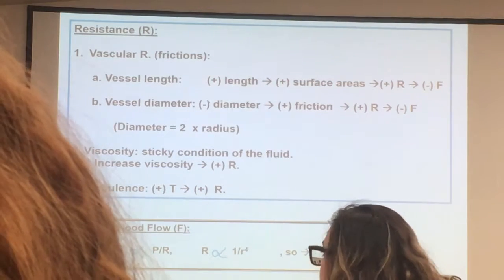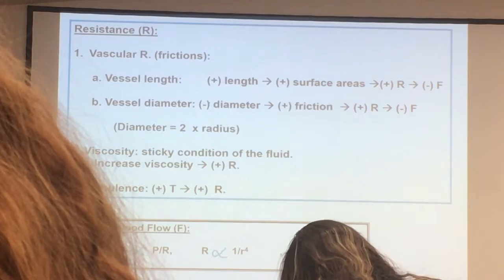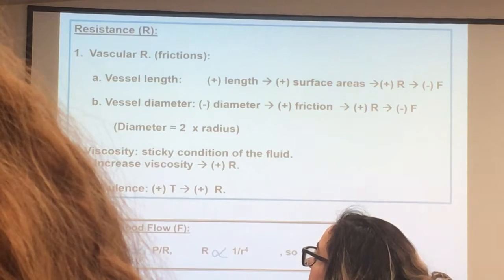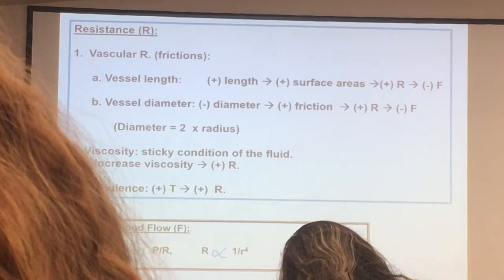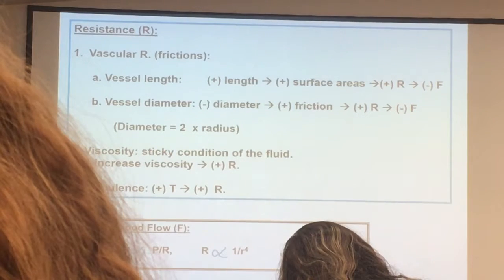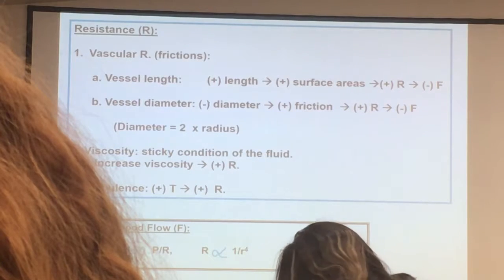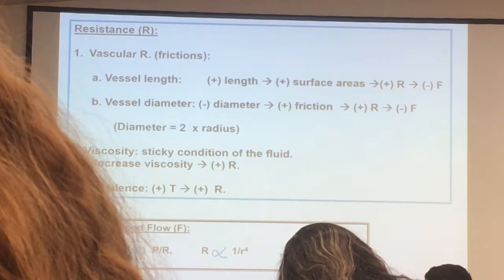Now if I ask a second question, if the radii or diameter, the same thing because proportional, increase to 3 times, how about the flow?